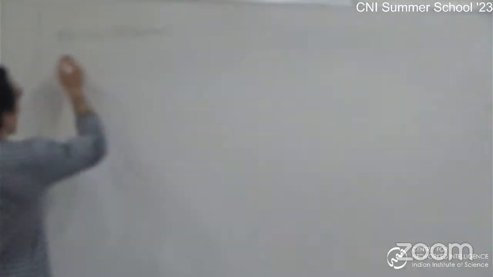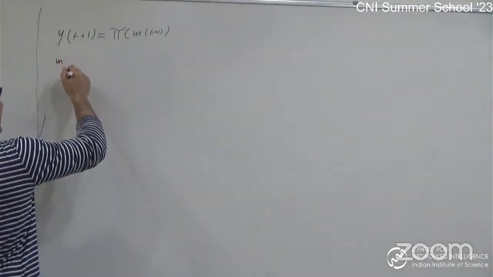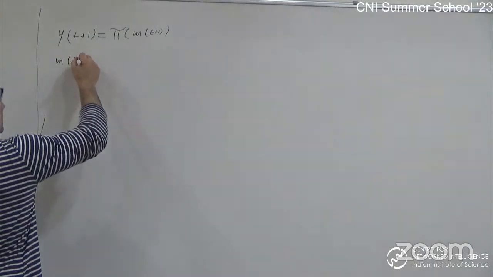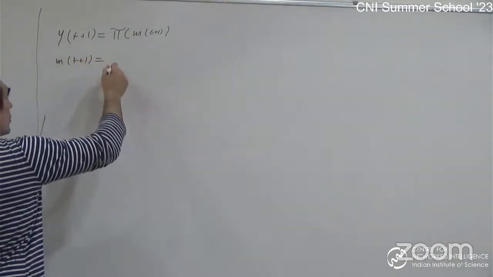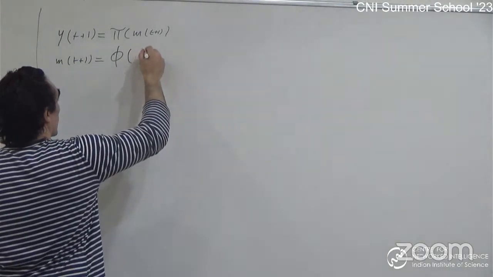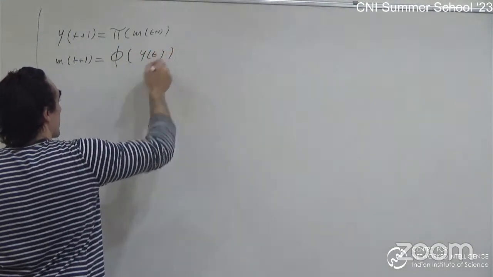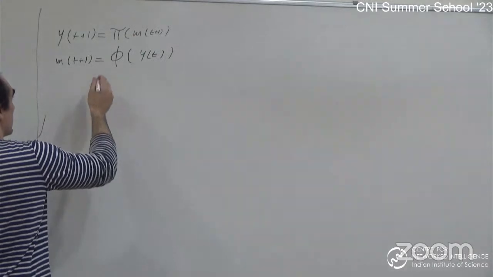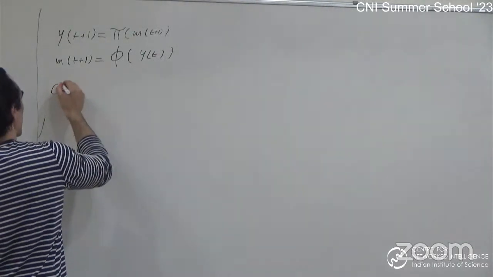Right? So I'm taking an empirical distribution at t plus 1. And then what's happening at m of t plus 1? It's nothing more than p of y of t, which can be written in a simpler form.